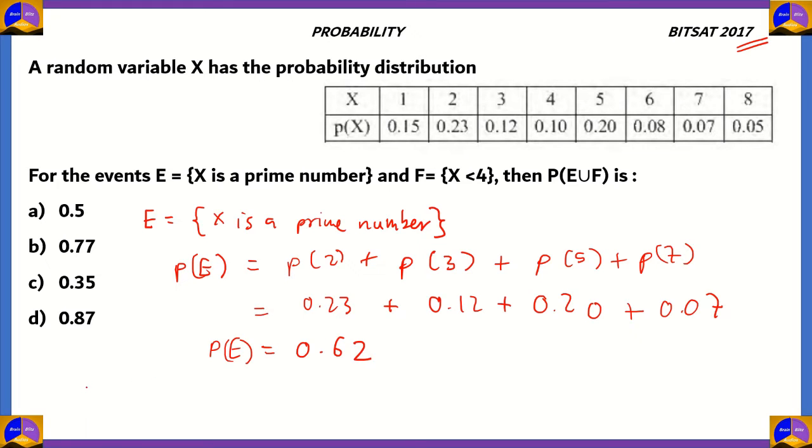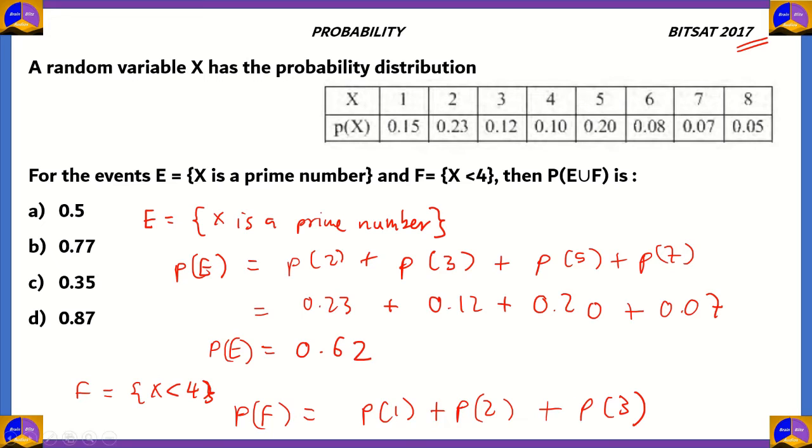Now, we know that F is the event where x is less than 4. So that means P of F, the probability of F occurring, will be the sum of P of 1, P of 2, and P of 3, because all these numbers are less than 4.